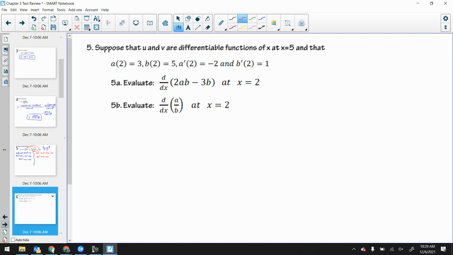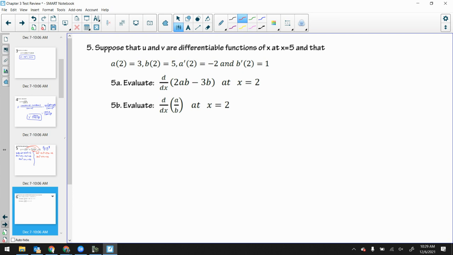No? Okay, here's 5. Suppose that a and b are differentiable functions of x at x equals 2, and that a of 2 is 3, b of 2 is 5, a prime of 2 is negative 2, and b prime of 2 is 1. Why do I say at 5 though?